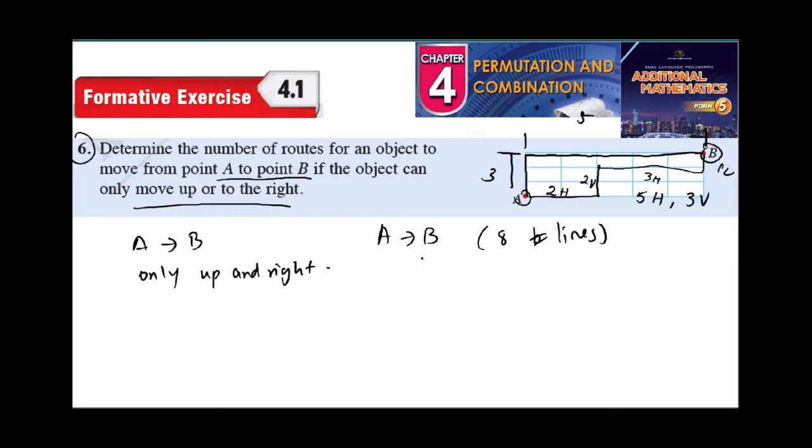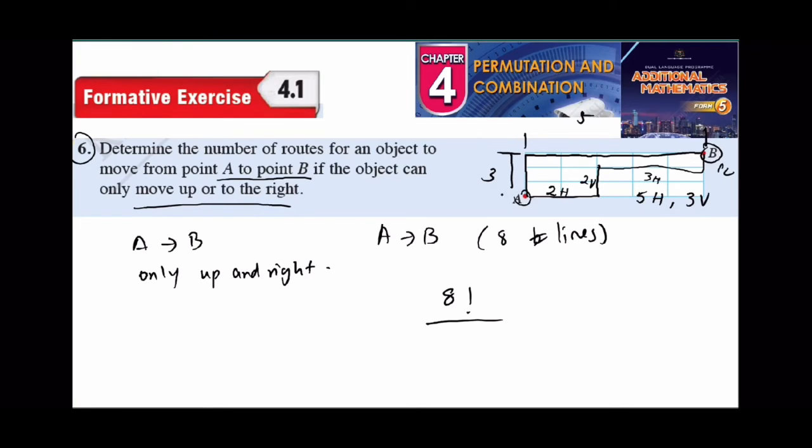But since the 3 upward steps are identical and the 5 steps to the right are identical, we need to divide by 3 factorial and 5 factorial.